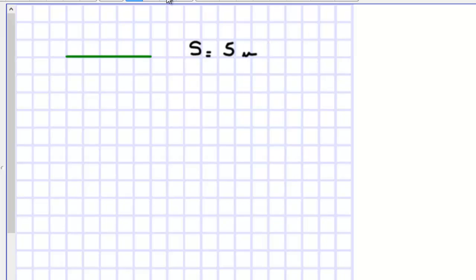After that, we'll use another line, but this time it's vertical. What is the length of the side? So again, I'm going to count how many units I have: 1, 2, 3, 4, 5, 6, 7. So I can say the length is 7 units, which is very easy in the case of horizontal and vertical.